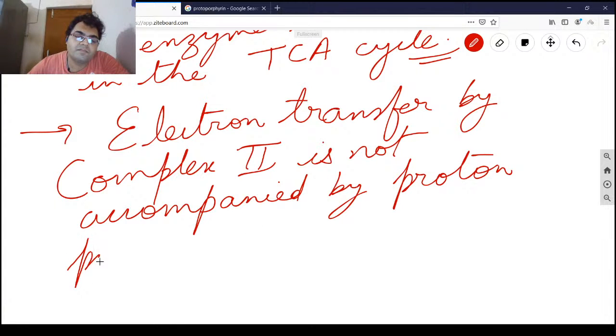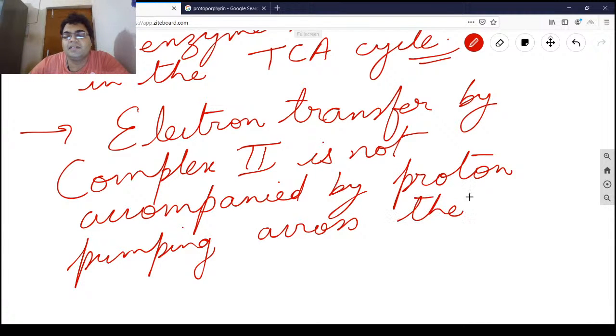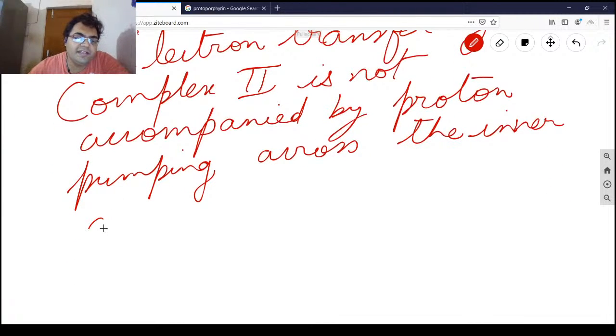This is a very, very important sentence. Across the inner membrane, or I can write inner mitochondrial membrane.